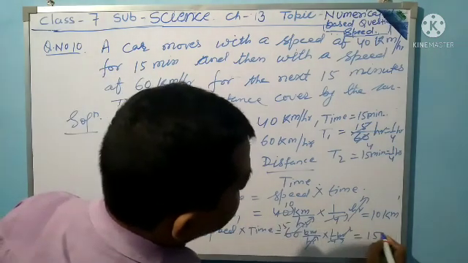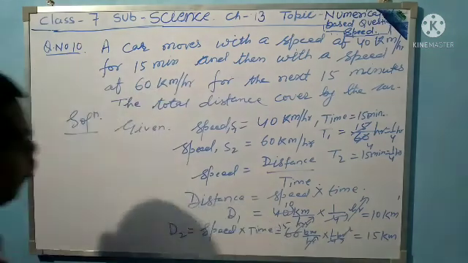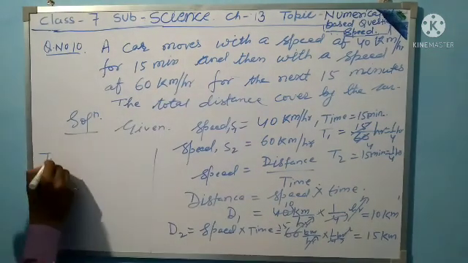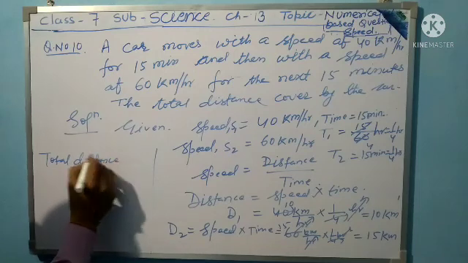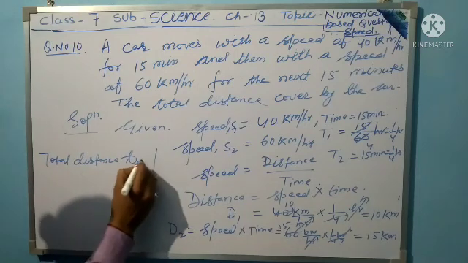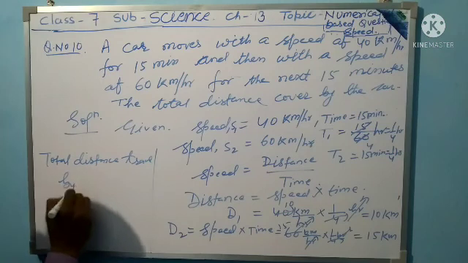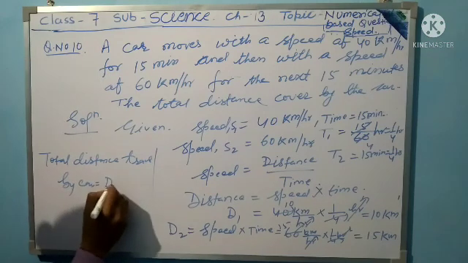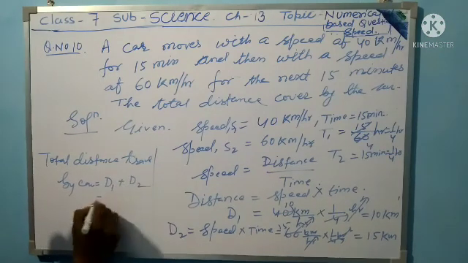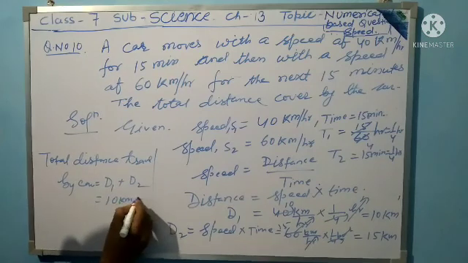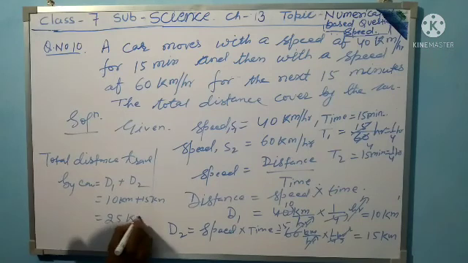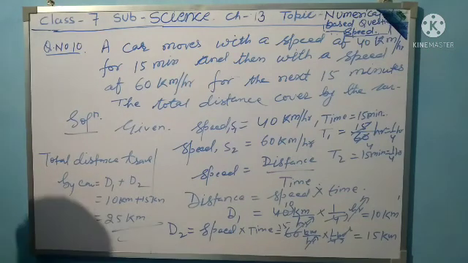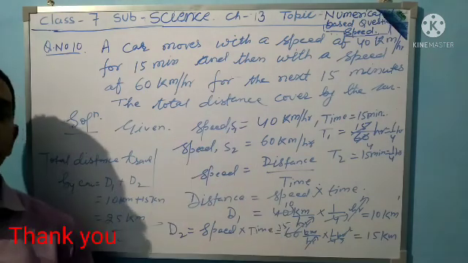So that distance is 15 kilometers. So the total distance traveled by the car is d1 plus d2, that is 10 kilometers plus 15 kilometers, equal to 25 kilometers. Now solve all numerical questions of this type. Okay, thank you.